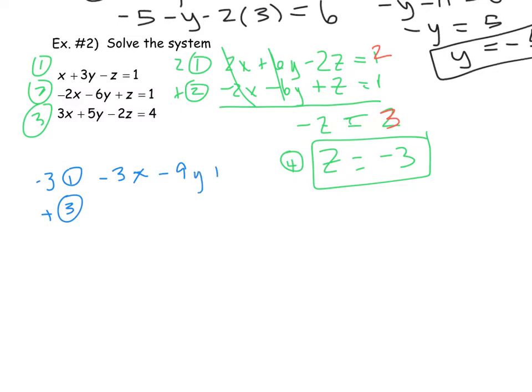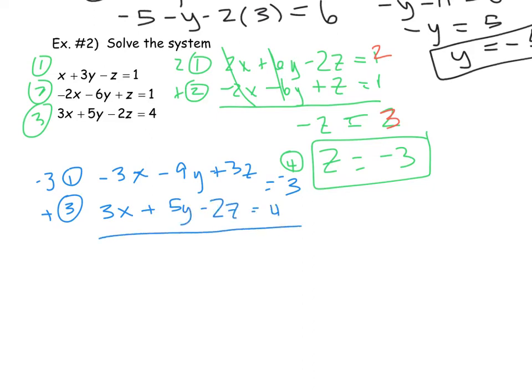Negative 3 would be plus 3z. And that equals 3. Ran out of room there. We multiply by negative 3, so it's actually negative 3. Let's double check. Multiply by negative 3, so negative 3x minus 9y plus 3z is negative 3. There we go. We're going to recopy 3, so I get 3x plus 5y minus 2z equals 4.